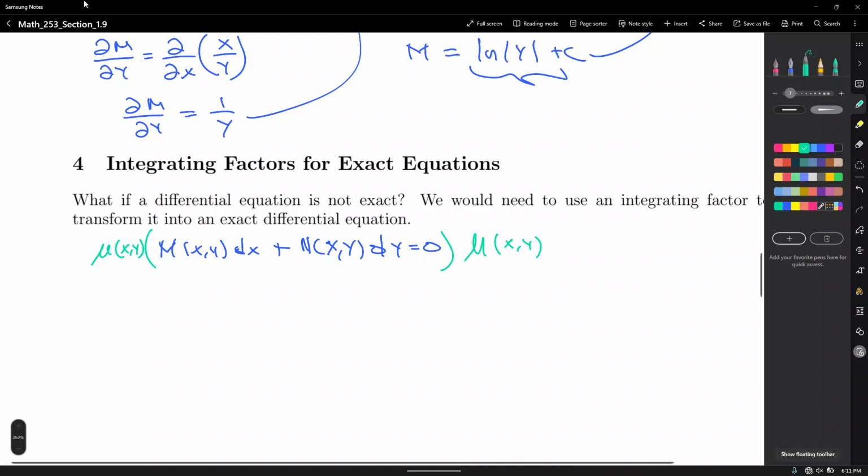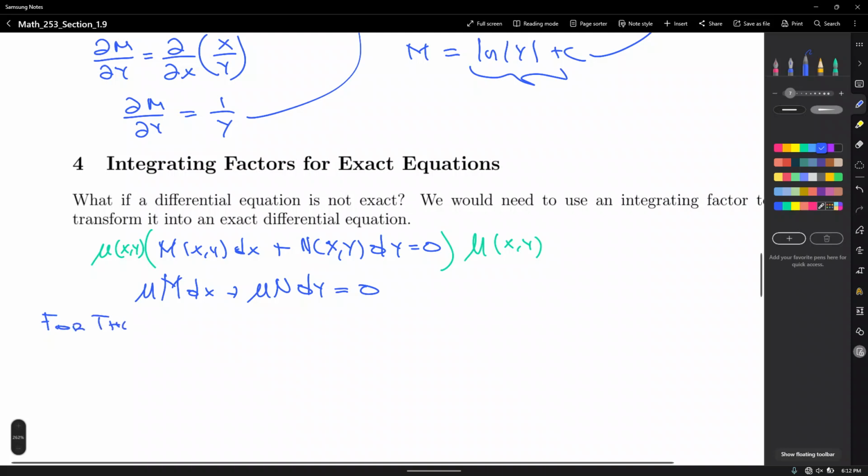To abbreviate the notation, I'm just going to use the symbol. So I'm going to distribute, that's mu m dx plus mu n dy equal to 0, okay? So that's what we want here. All right. Okay, so here it is.